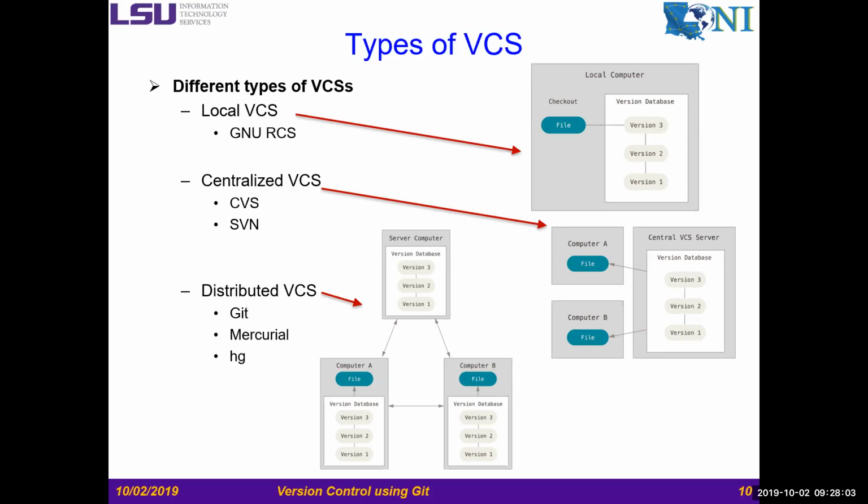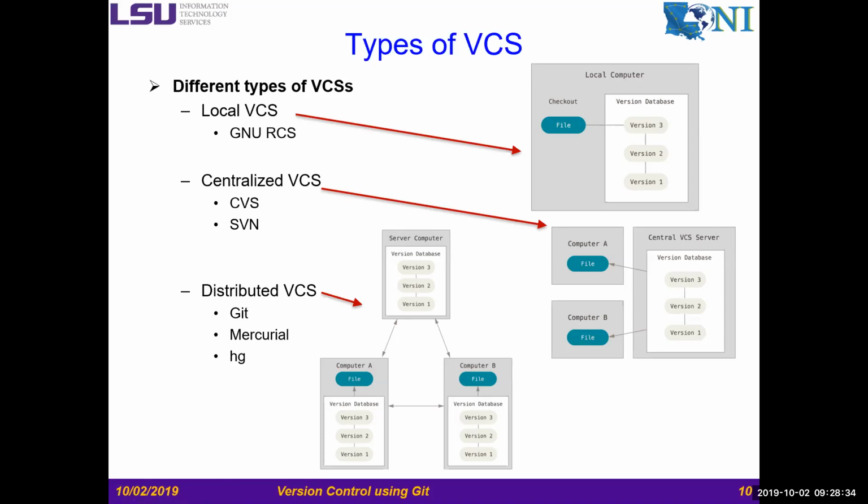So that's why the distributed version control system, and Git as one of them, becomes so popular. Each computer has a complete copy of the version control system. It contains all the copies of the version history.